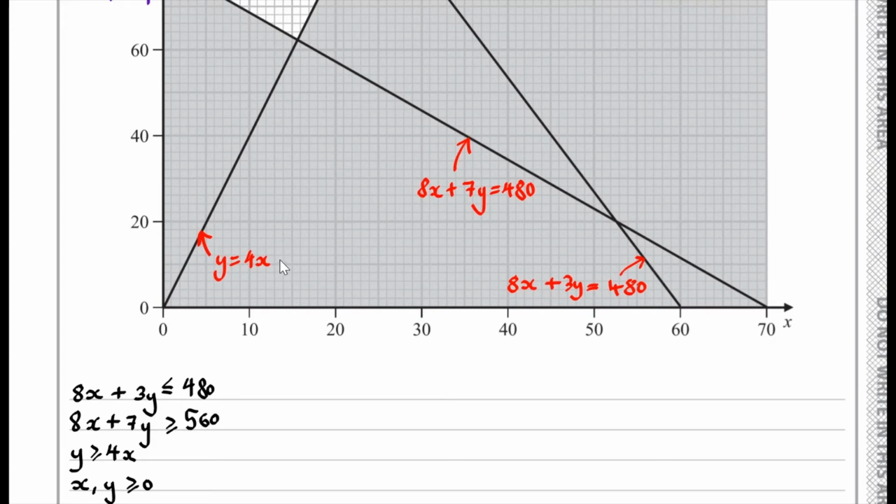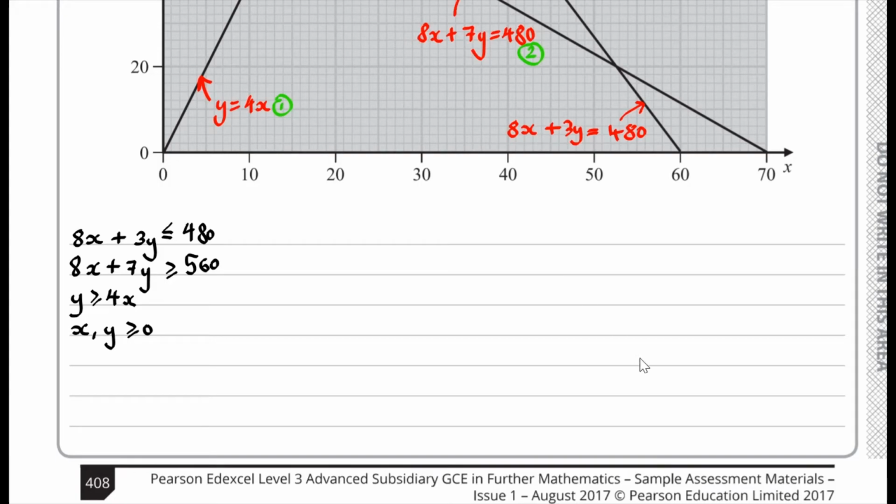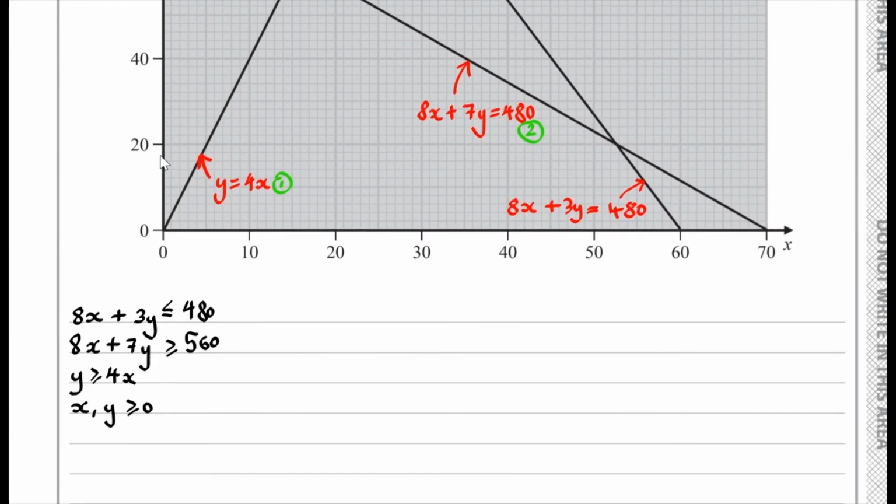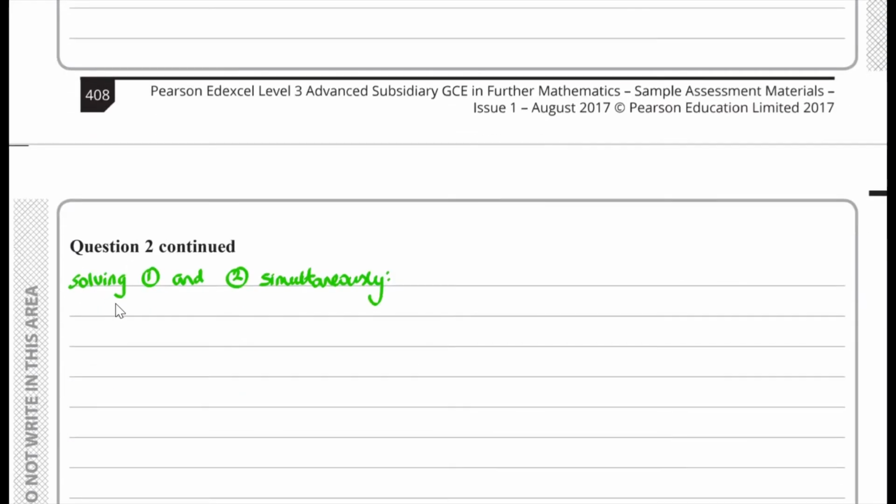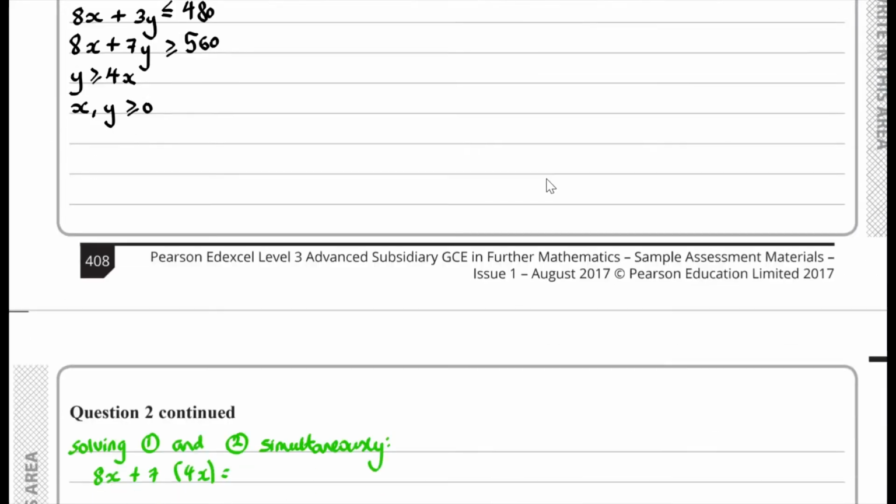So if we solve this equation with this equation simultaneously, so let's just write that down. Solving equation 1 and 2 simultaneously, we have, if we replace this y with 4x, we have 8x plus 7 lots of 4x equals 480.